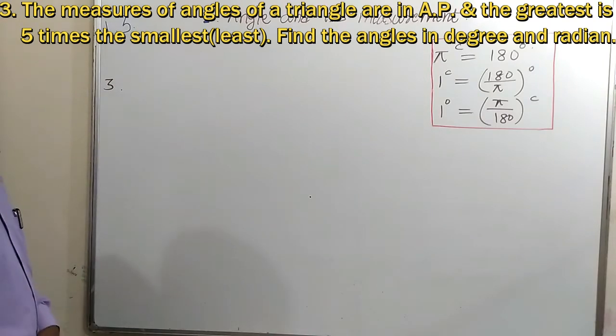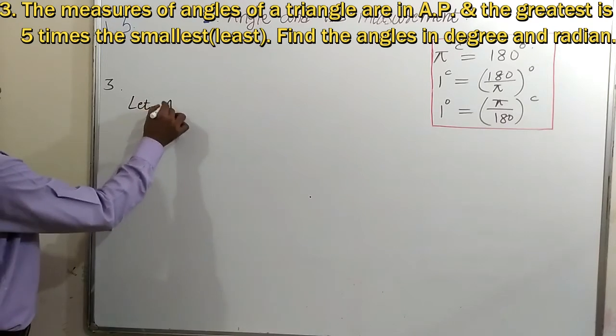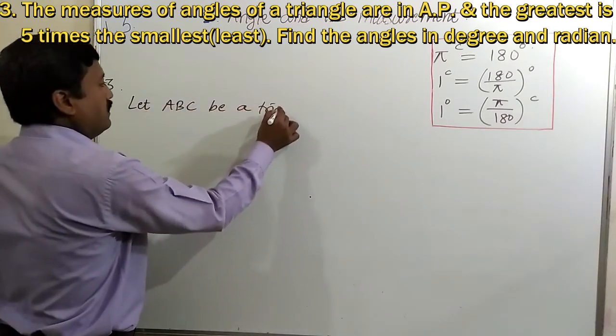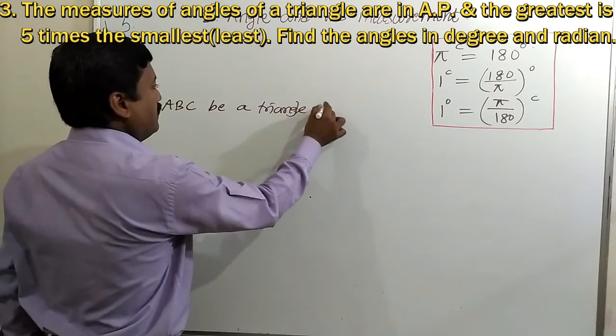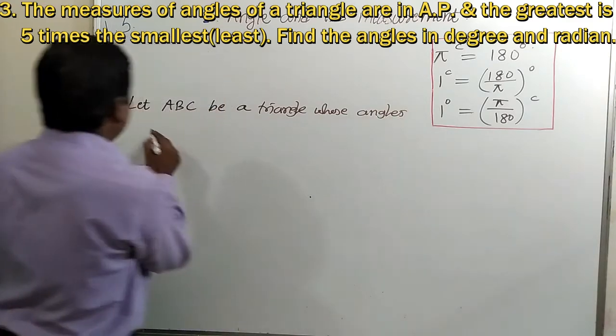For example, the angles of a triangle are in AP. Let ABC be a triangle whose angles are in AP.